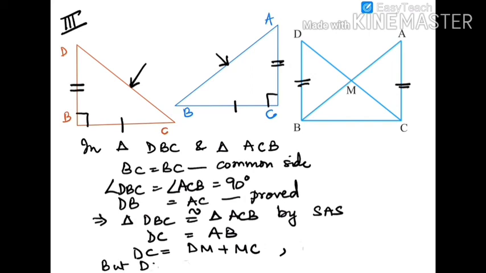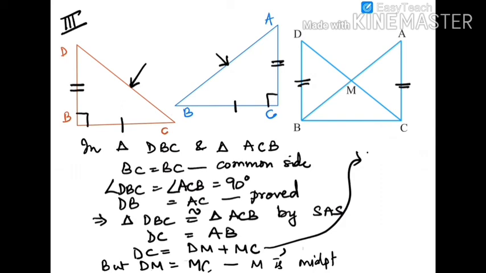But DM is equal to MC as M is the midpoint. So this equation we will write as DC equal to MC plus MC. So DC is equal to 2 times MC. I have replaced DM with MC.